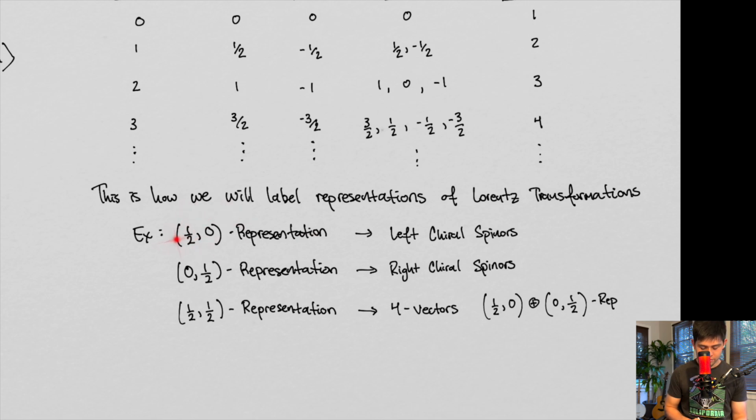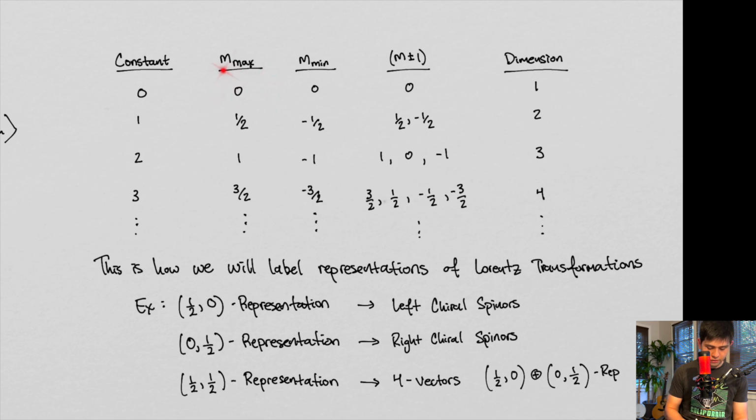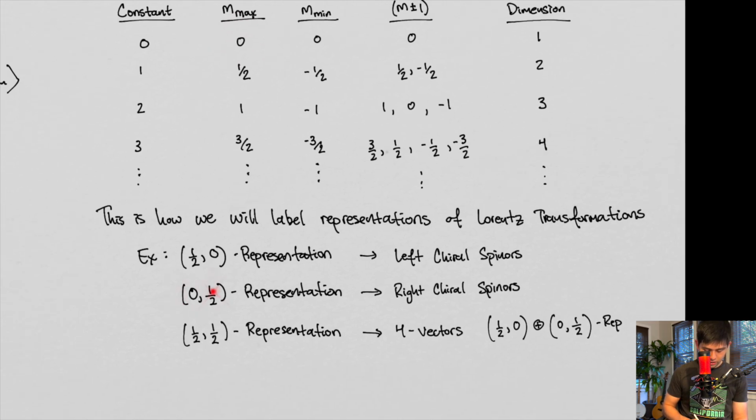So the 1/2 refers to the dimensional representation, so this 1/2 refers to this 1/2 right here, essentially. This 0 refers to this 0 right here. Again, 0 refers to this 0 here, and this 1/2 refers to this 1/2.